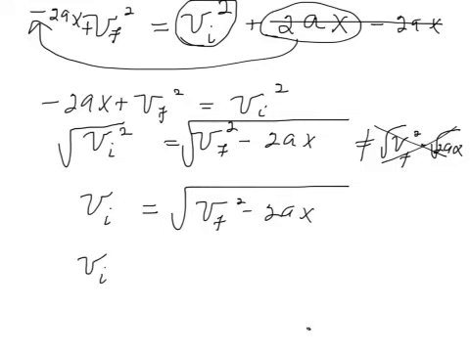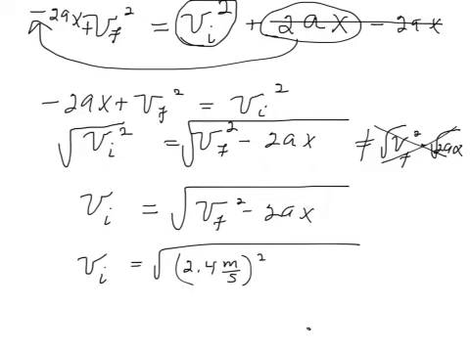So v initial equals the square root of 2.4 meters per second squared minus 2 times, I'm going to make up an acceleration, 1.2 meters per second squared. You'll learn about this next week. Times the distance, say 3.1 meters. That's all under the square root.